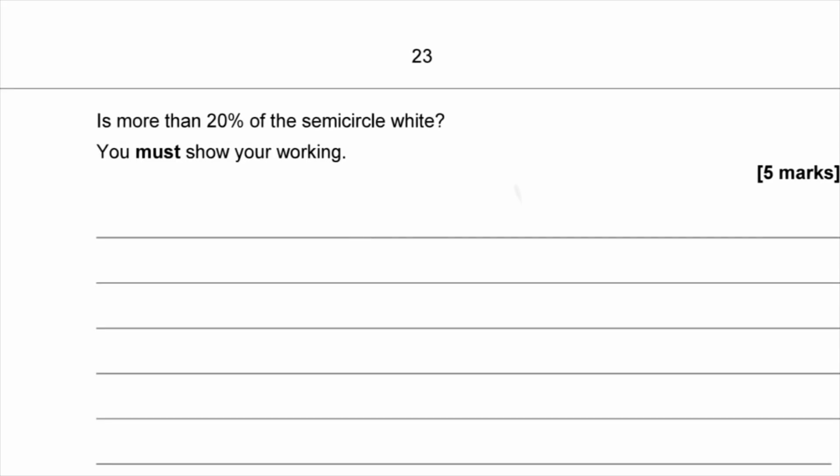So the area of the sector is equal to 150 360ths of the area of a circle, which is pi r squared, where r is the radius, which was 12.